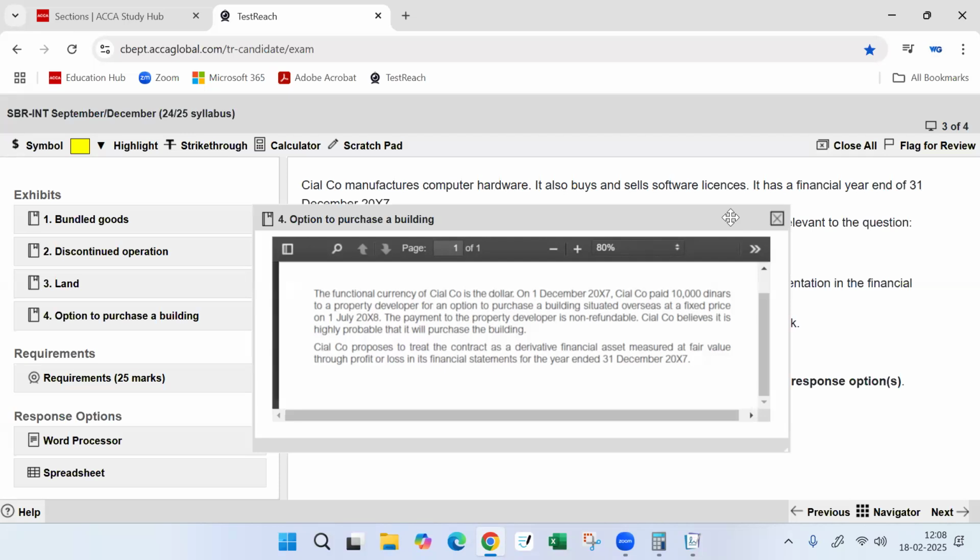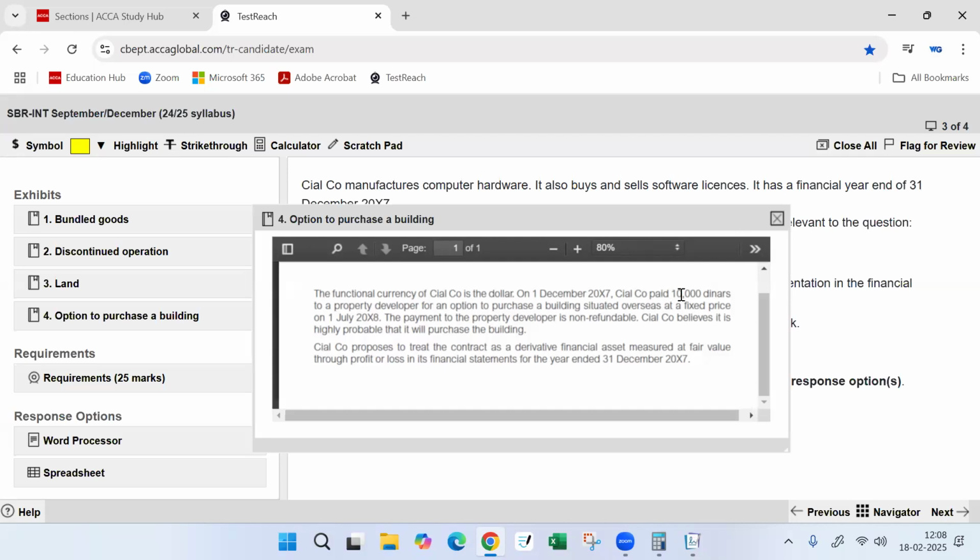The option to buy the building for the purpose of receipt of a non-financial asset is outside the scope of IFRS 9, considering the contract will be settled by physical delivery of the building. Only if it is settled on a net cash basis, it will be considered as a derivative.